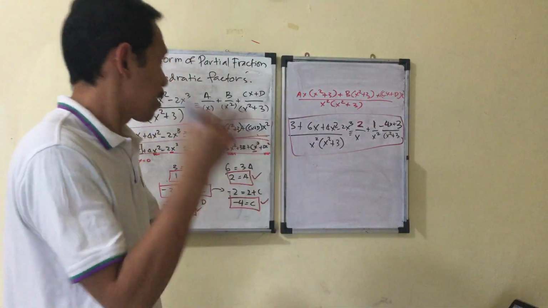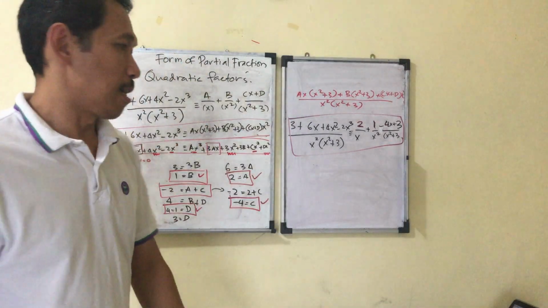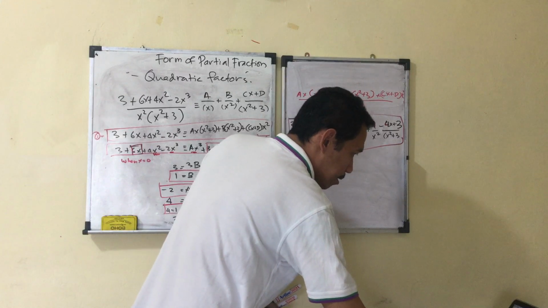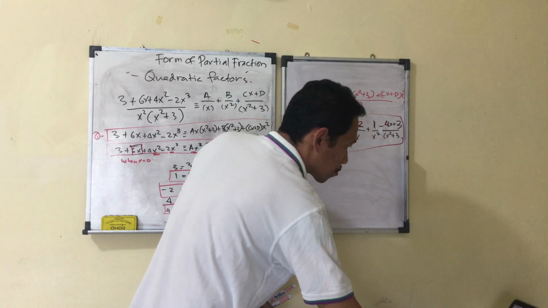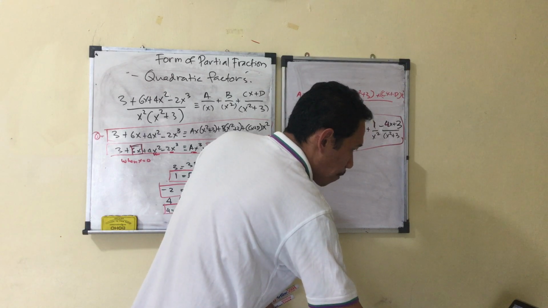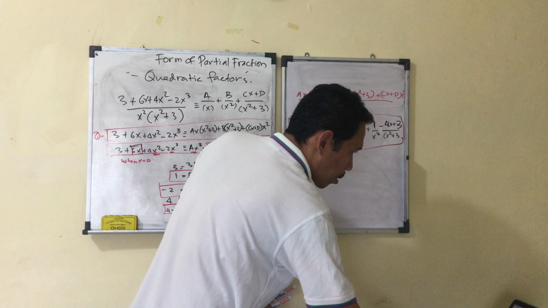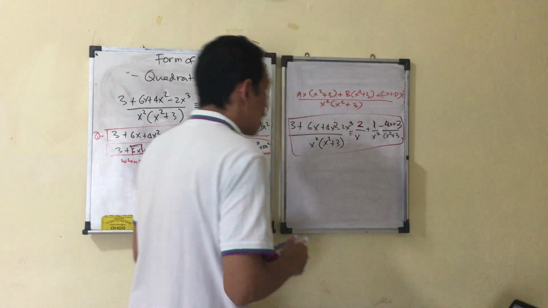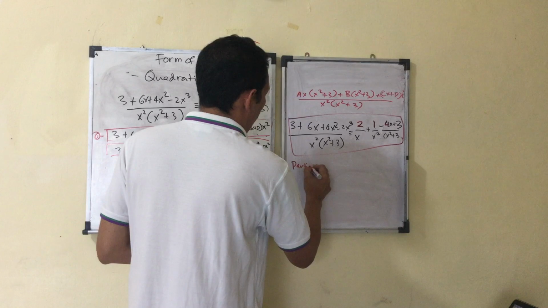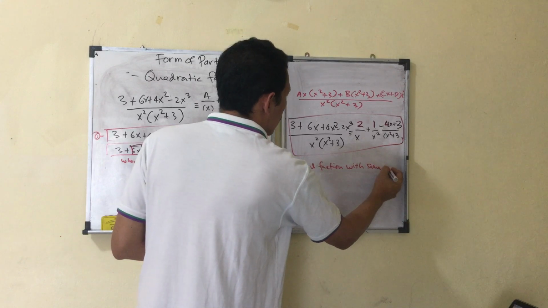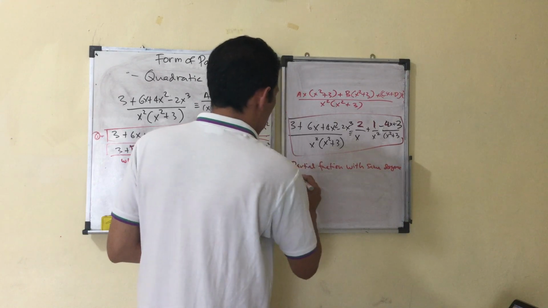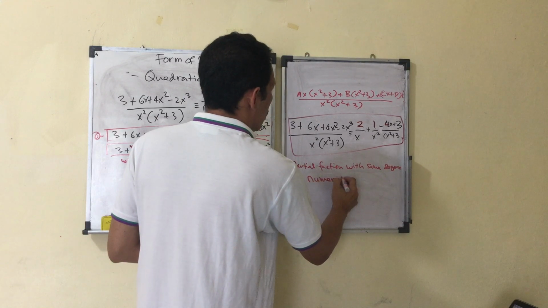Okay. So thank you very much, and that is all for our partial fraction. And remember that if you look at the exercise in the notes that I give you, have a look at partial fraction with the same degree as numerator.